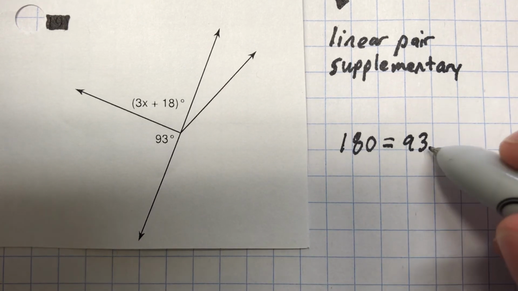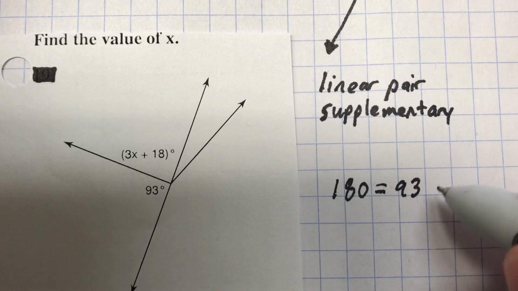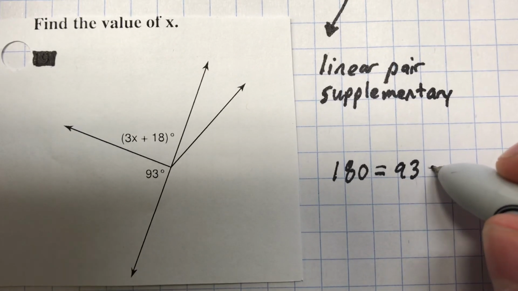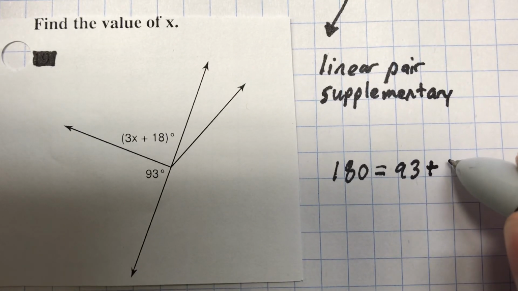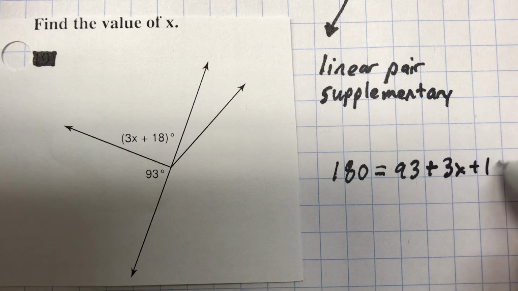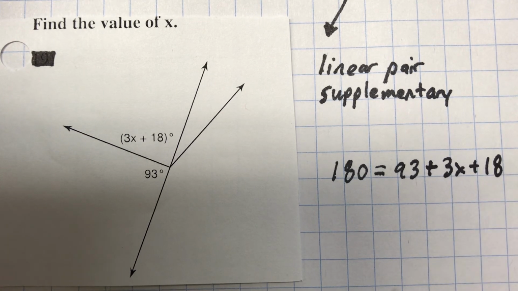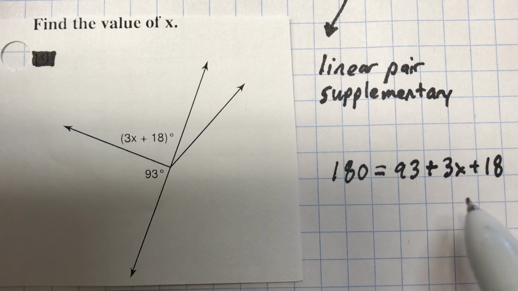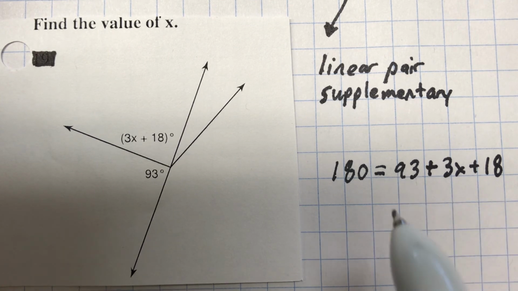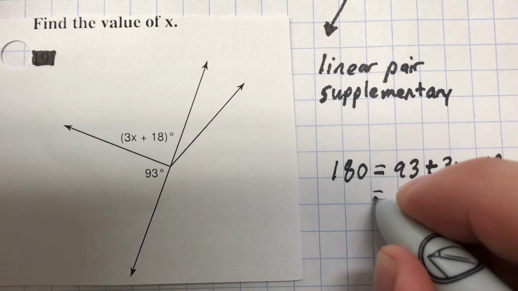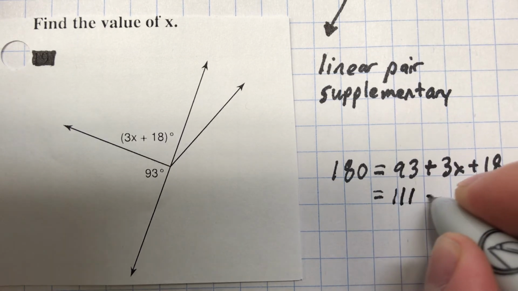So there's no distributive property going on. We can just add it like this, 3x plus 18. And then I can use my commutative property of addition to know that 93 gets added to 18. 93 plus 18 is 111.